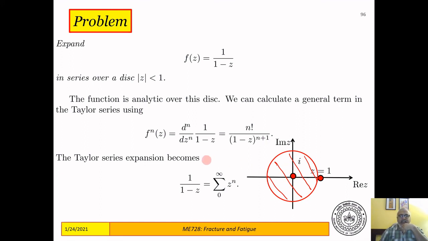If you do that, you will find that the Taylor series expansion is simply the sum from n equals 0 to infinity of z to the power n, which converges to 1/(1 - z) in this disk where it is analytic. This is another very important result that we will use at certain points.